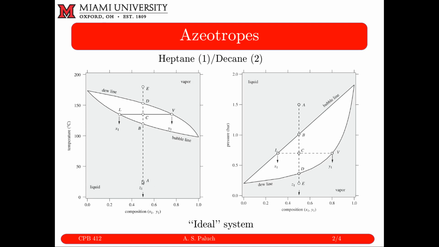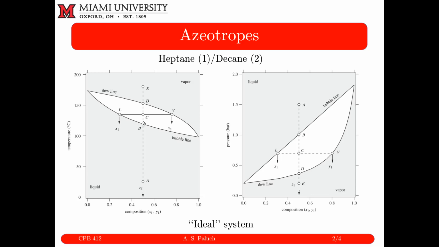So if I'm in the liquid region and I heat it up into the two-phase region, the point at which my first bubble forms is my bubble point, where I hit the bubble line. So the bubble point temperature would be where at this composition I hit my bubble line. So this would be the temperature at which my first bubble forms.